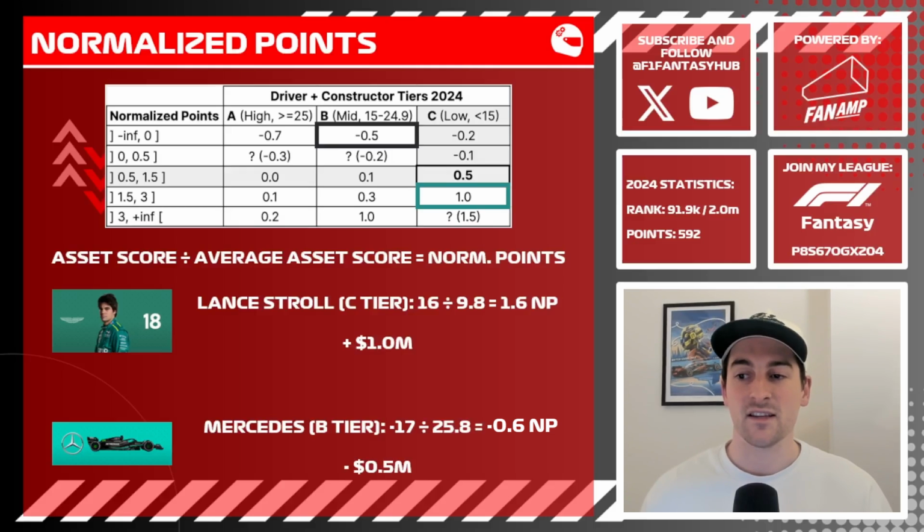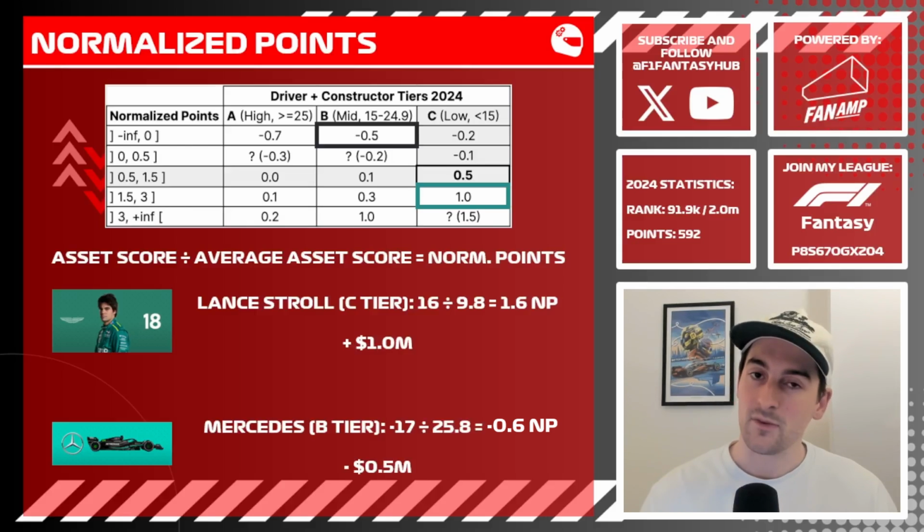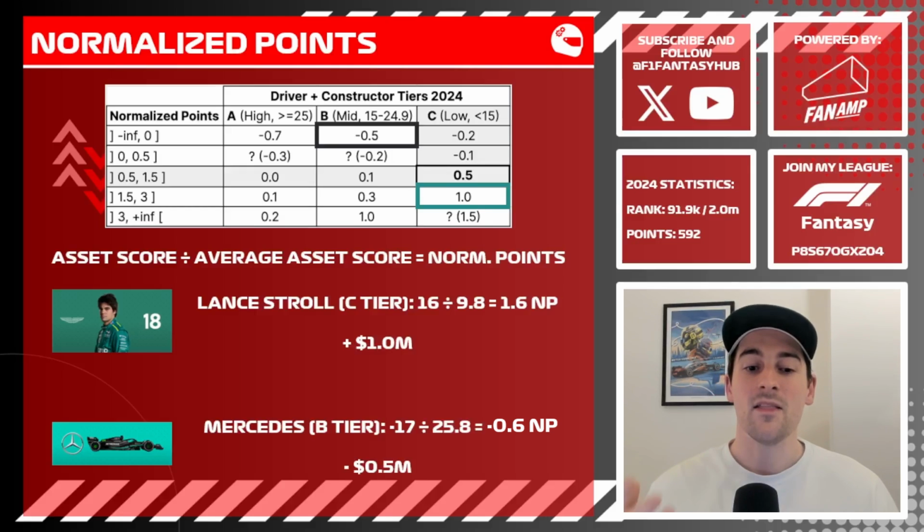And the average asset score is the average of all, say, drivers in the driver class, averaged across the 20 drivers. So let's say, for argument's sake, we have 400 points scored by all 20 drivers that race weekend. The average asset score is 20, i.e. 400 divided by 20 equals 20, which would be your average asset score for that week.